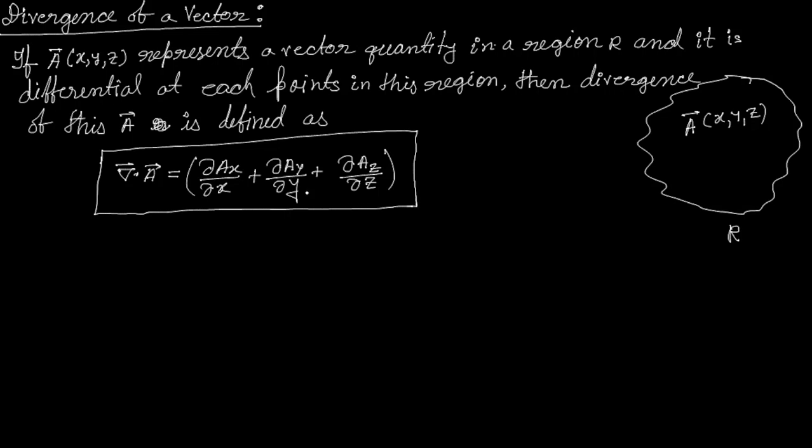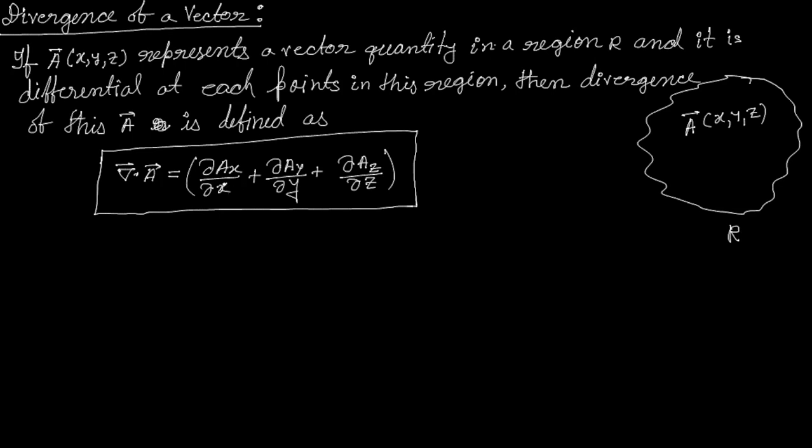So if we have a vector quantity which is a function of x, y, z in a certain region R, and if this vector is differentiable at every point in this region R, then at any point in this region, if we want to define the divergence of this vector quantity, what do we have to do?